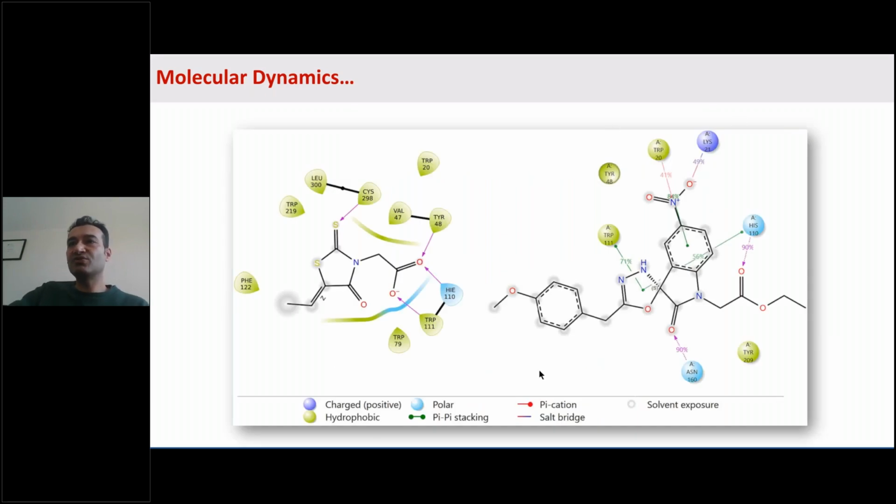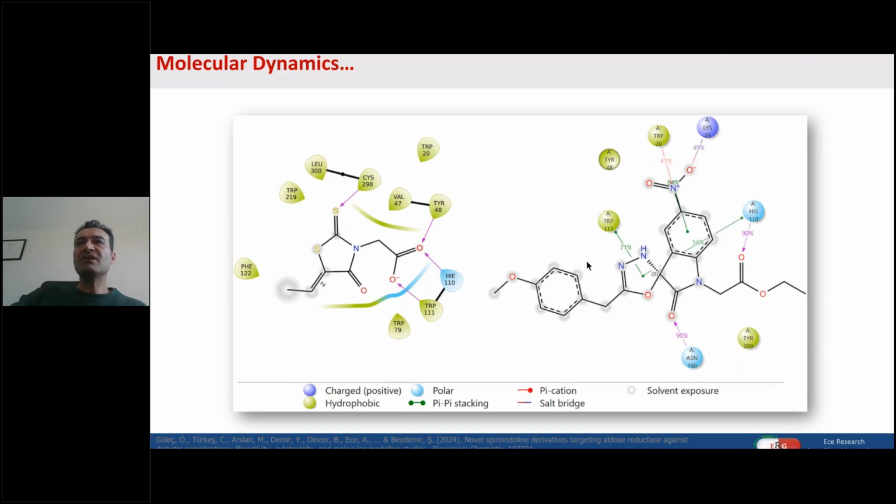And you can see in 2D how long an interaction exists during the whole course of the simulation. For example, we have a hydrogen bond interaction here that lasts for 90% of the simulation time. We have again pi interactions here that last for over 50%, over 70% of the simulation time.